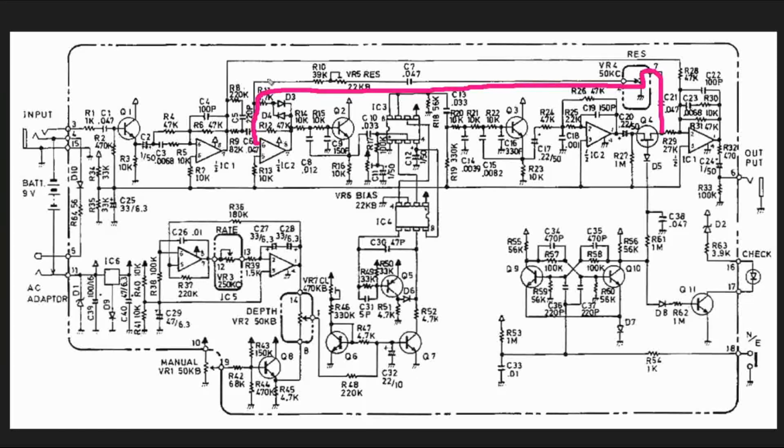This feedback path right here is what allows us to get that really super aggressive jet flanging sound where it's really aggressive and it sounds really bright and almost shrill in a way. That's by way of having this feedback.